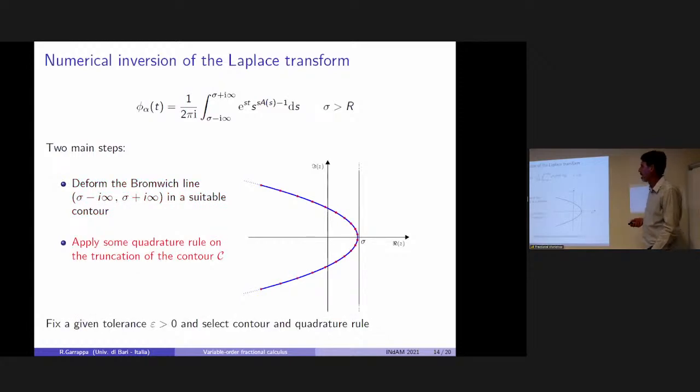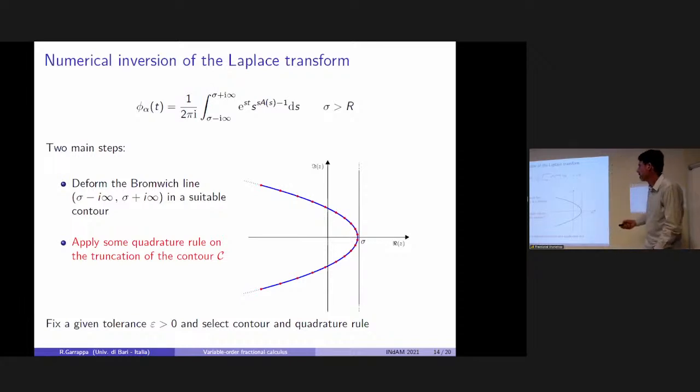And then we apply some quadrature rule on a truncation of this contour. Since we have deformed the contour in a way that it ends in the left part of the complex plane, we know that the exponential ensures a fast decay of the integrand, and then we can truncate.